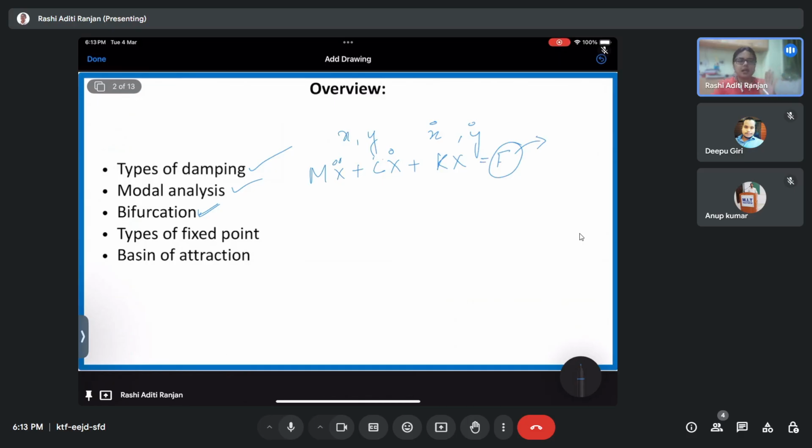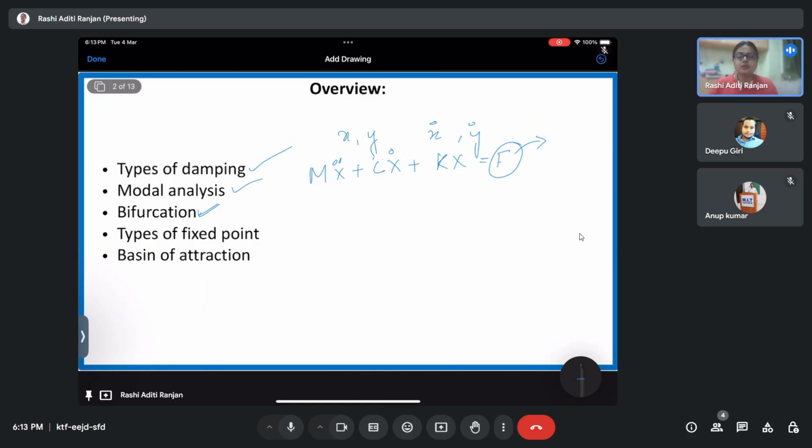Static bifurcation essentially means that for a system we have a dynamic response and a static response. Static response means that as time progresses, the system attains an equilibrium state, and it is not going to go anywhere until and unless any external force is applied on it.